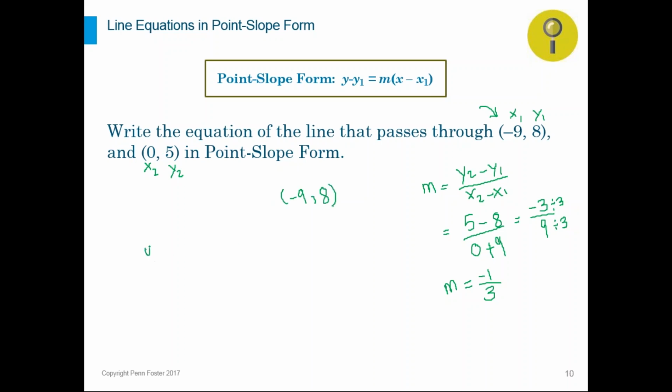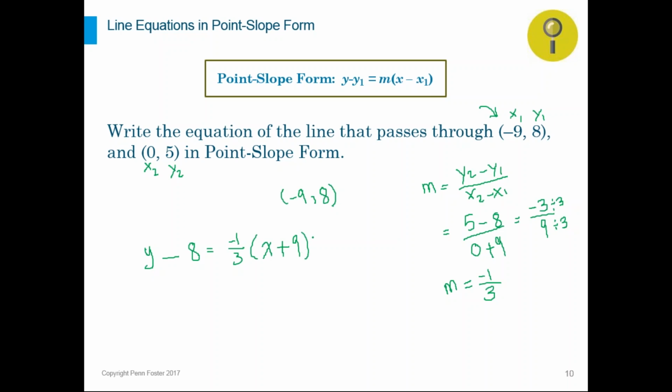The equation would be y minus y1, which is 8, equals m, negative 1 over 3, times x minus, and then plus, because it's a negative 9, 9. And that would be the equation.